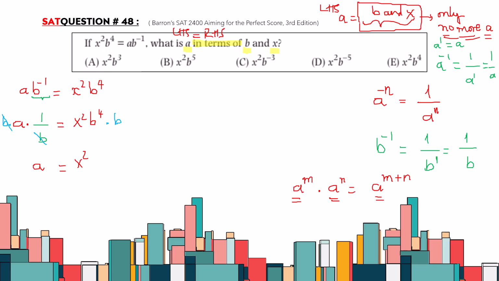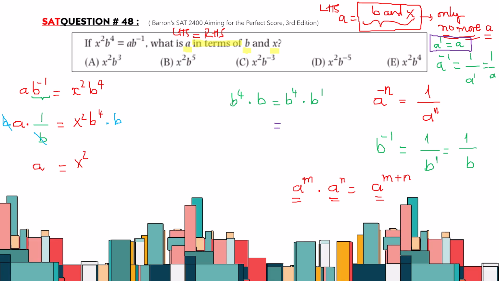We have b to the power of 4 times b. Remember, b is just b to the power of 1, since anything to the power of 1 is itself. So it's the same thing.